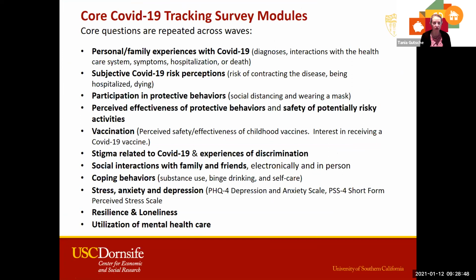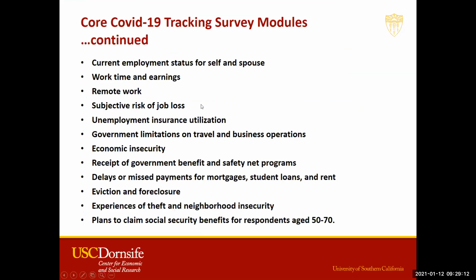But this overview is certainly useful just to know the expanse of the data we've been collecting in the surveys, since it goes from health to economics, to labor force, to all sorts of different things that are being affected by the virus. Yeah, it's quite a few.